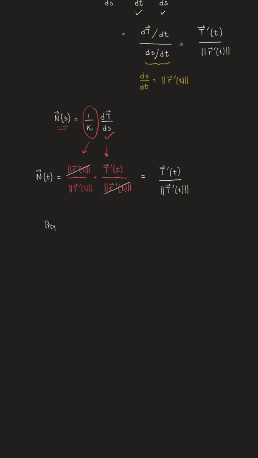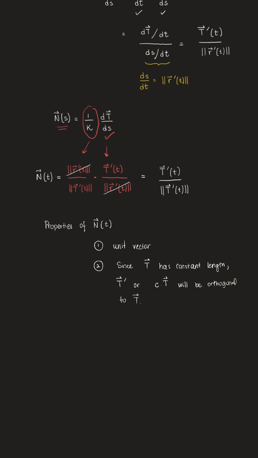Properties of this unit normal vector. Well, first, it's a unit vector. So 1, this is for sure a unit vector. 2, because T, our unit tangent, has constant length, its derivative, or any scalar multiple of it, or, I don't know, c times T prime, will be orthogonal to T. Our normal vector is a constant times T prime because we're dividing by the magnitude of T prime, which is just going to be a constant.